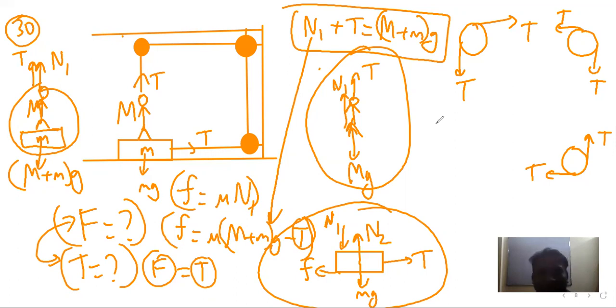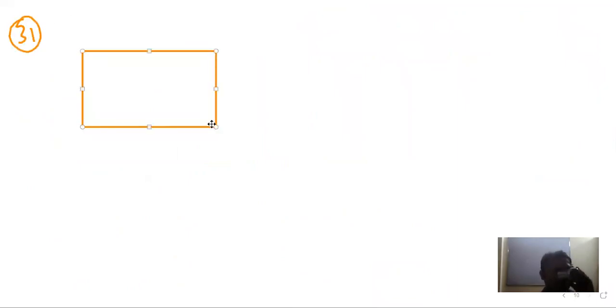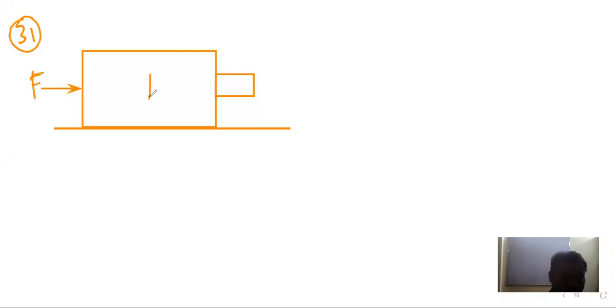Let us move on to question 31. So this is capital M, this is small m.